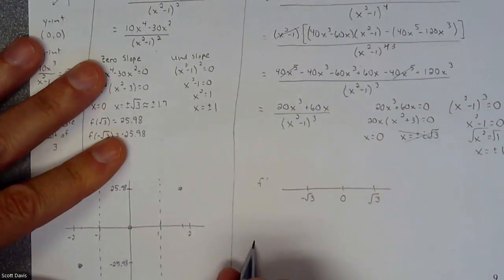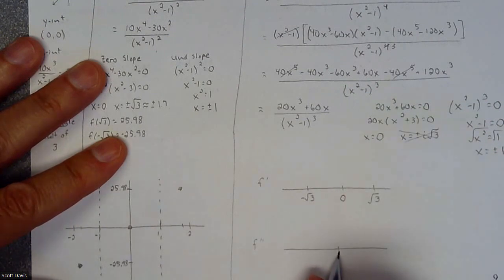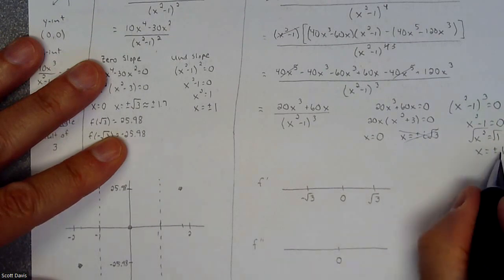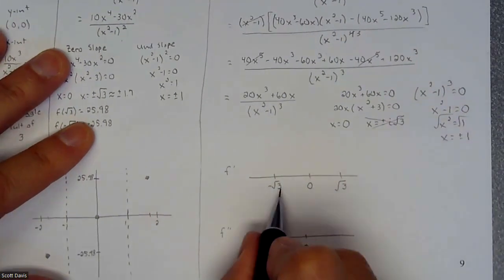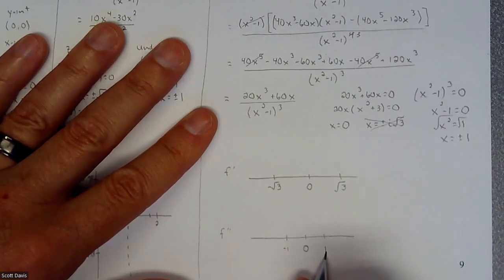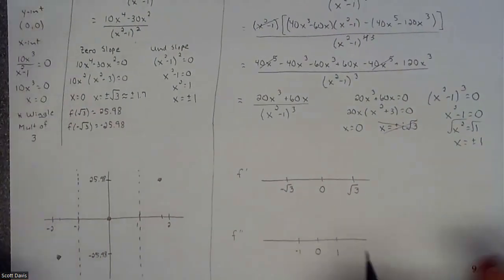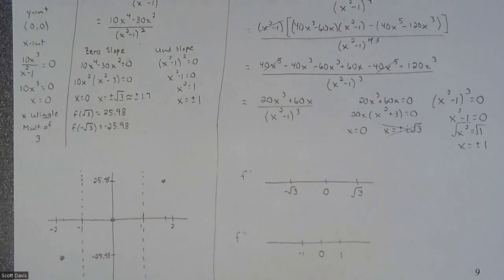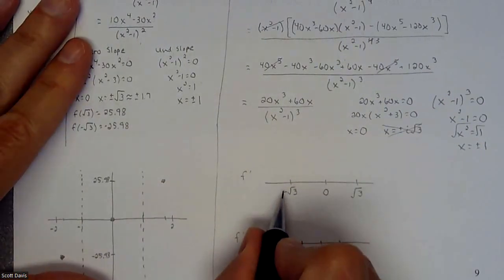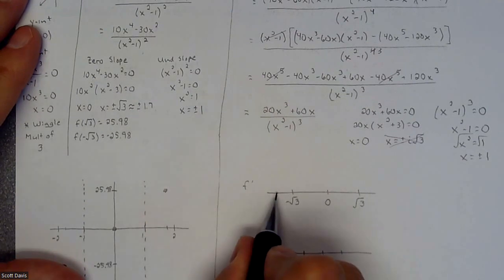And then our second derivative, we have critical numbers at 0, and then plus or minus 1, and 1 is smaller than the square root of 3, so I'm going to put it inside. Negative 1, positive 1. All right, so now we're going to test all of our positive and negative slopes. Okay, so we're going to plug in a value. We know that this is about 1.7, so let's do like a negative 2.